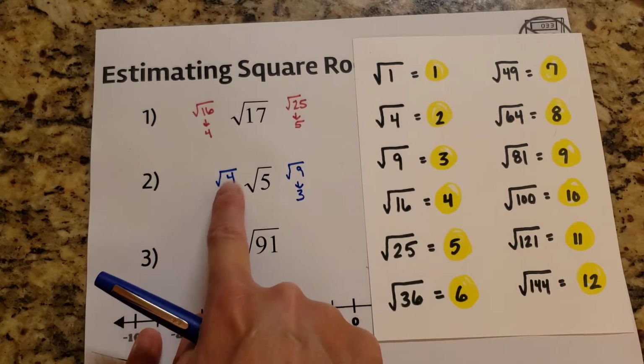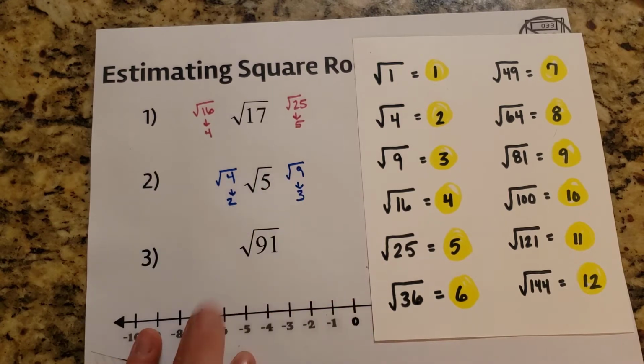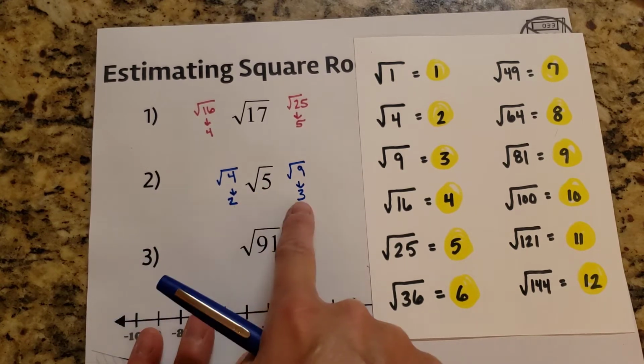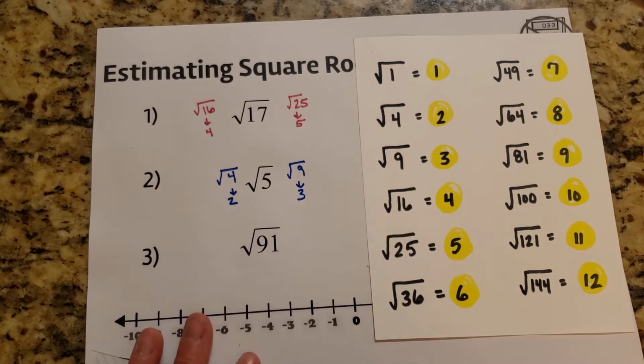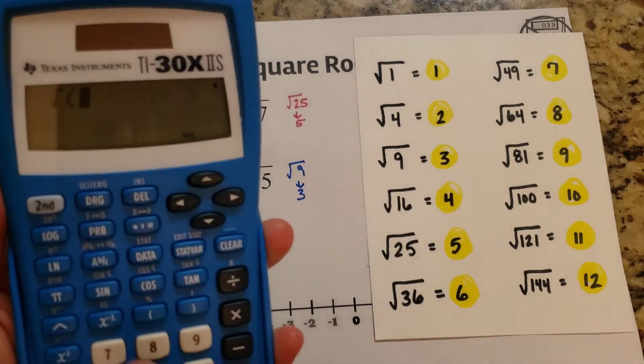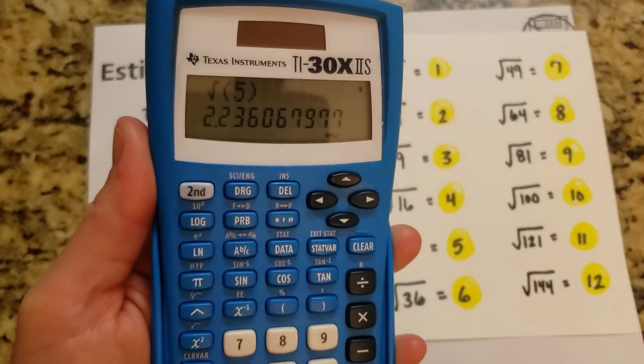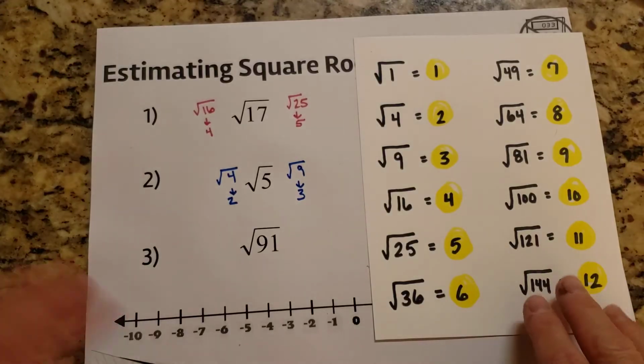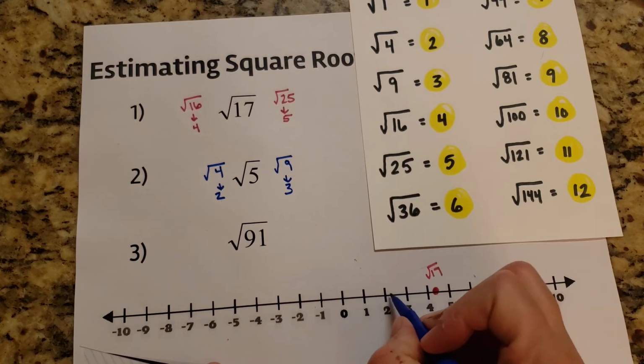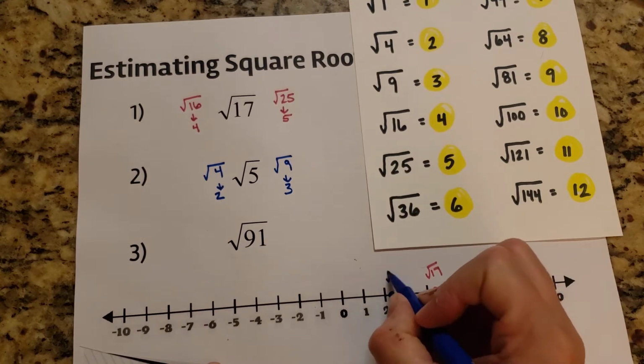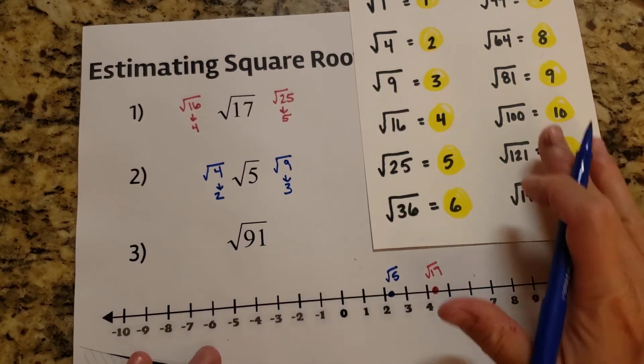So here I have square root of 4, square root of 5, and then 9. This would be in between 2 and 3, but closer to the 2. If I were to use a calculator, remember we're not going to use one, I'm just showing you how this works, it would be right after the 2, 2.2. So just after the 2 here, make a point, and I'm going to name that the square root of 5.